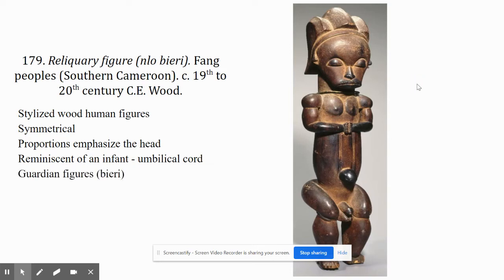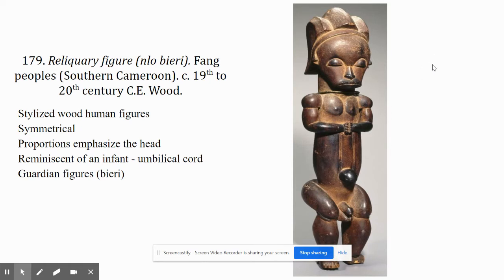They are in fact guardian figures. So it's not actually supposed to be a baby. It is a figure that guards a reliquary, of course, which is where remains are left. So it guards reliquaries of ancestors, the remains of ancestors that were kept in these kinds of boxes.